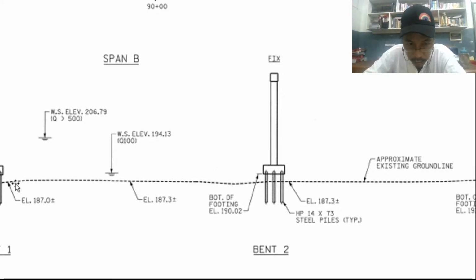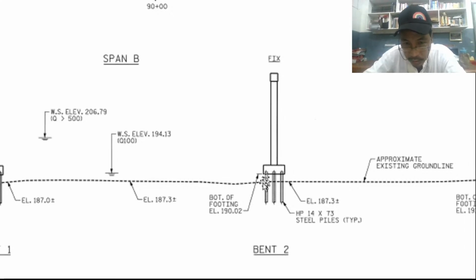So the elevation here is of the natural soil surface, the bottom of the existing ground line. So this is the existing ground line, this broken line, as you can see. The footings are above. Take note, usually the footing is below the ground, but the footing is actually above the ground here.